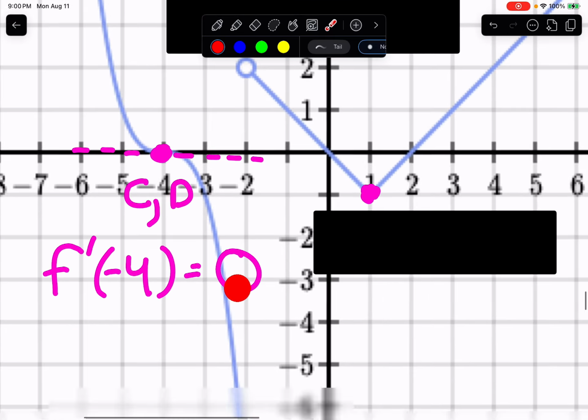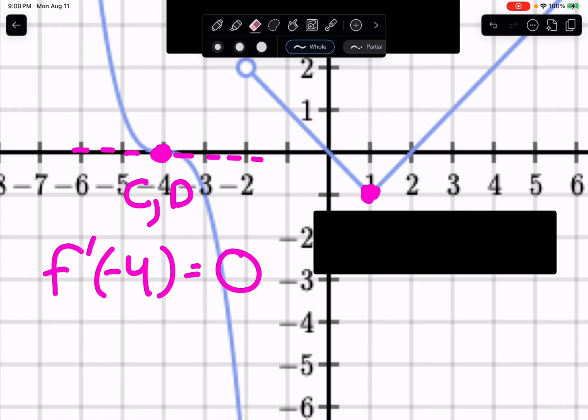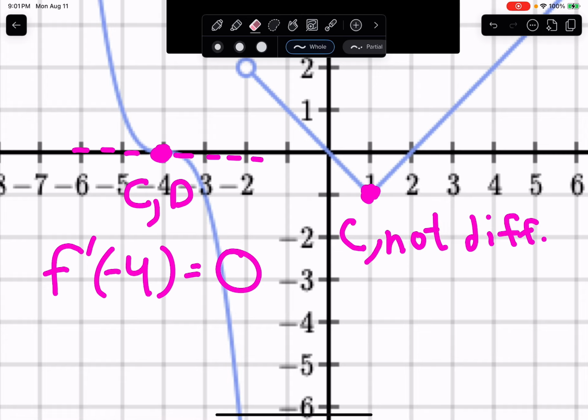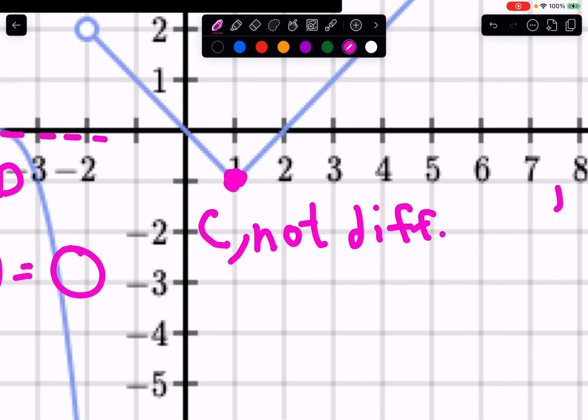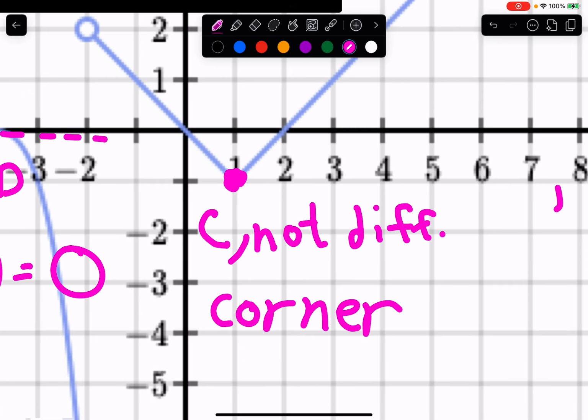Compare and contrast this to the point at x equals 1, where the function is continuous, but is it differentiable? No. And this is where we have to look back in our Calc A notes and remember the idea of a corner as a non-differentiable thing that can happen on your graph. Corners, cusps, vertical tangents.